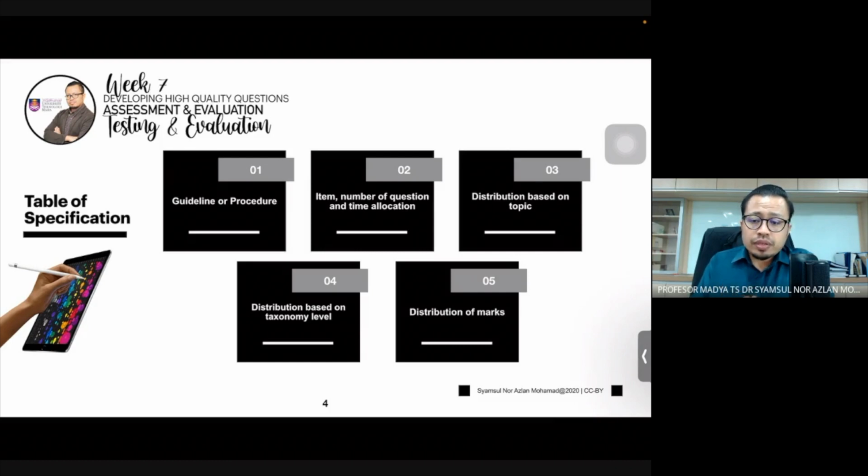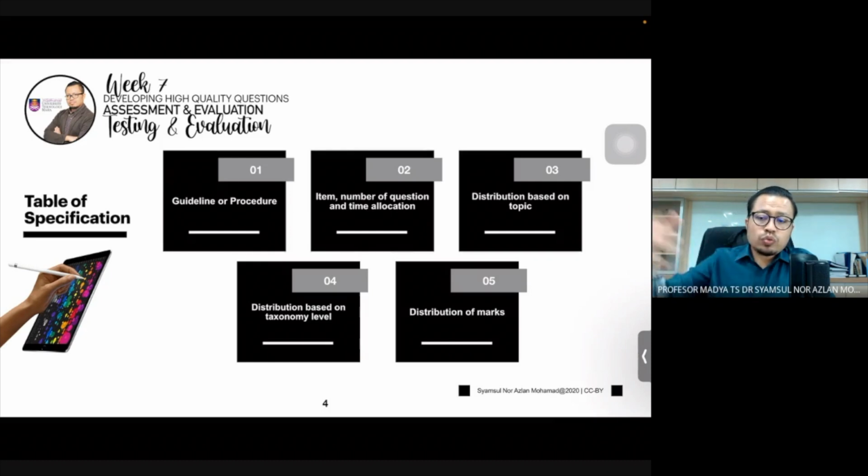Number three, while talking about the test specification, the focus and intention of designing the table of specification is to look at the coverage based on the topics lectured or taught by the lecturers or the teachers.